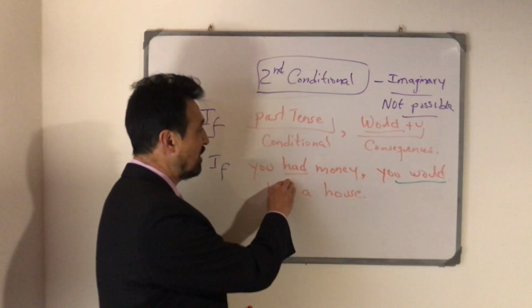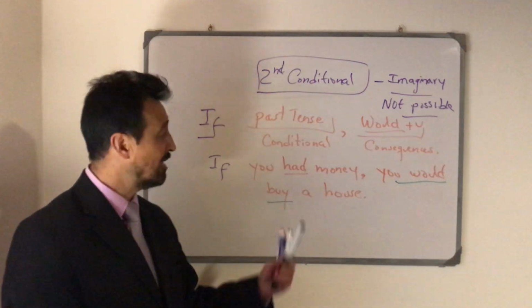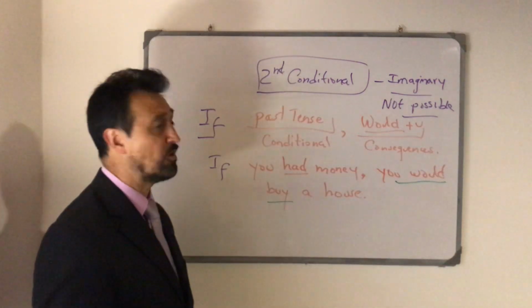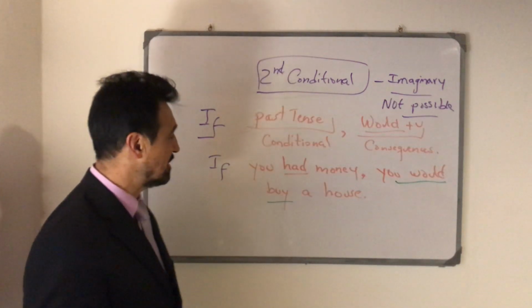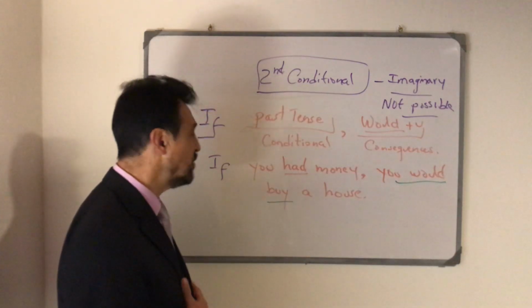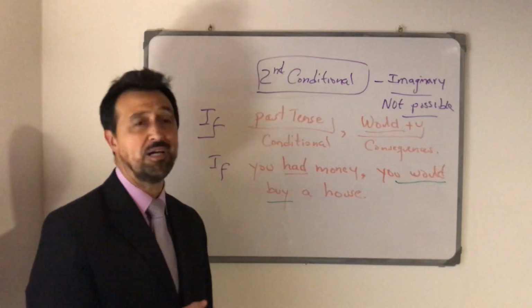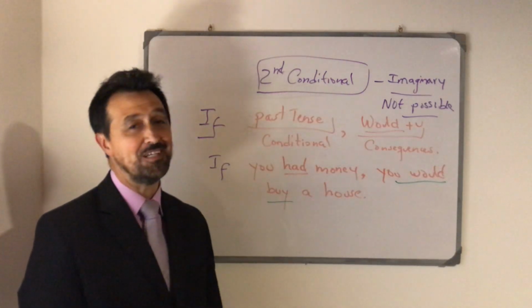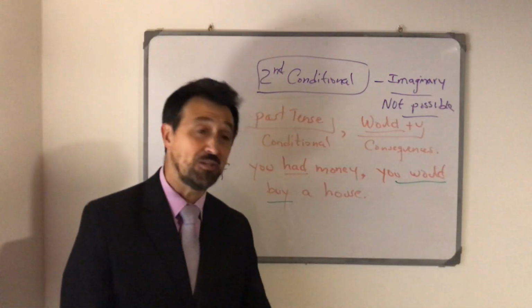In that case, the two parts that I give you: the first part of the conditional is in simple past. And the consequences use would, which gives the second part, called the consequences. So analyze: if I had money, you would buy a house. When can you buy a house? When you have money. When you have money, which is complicated to get.